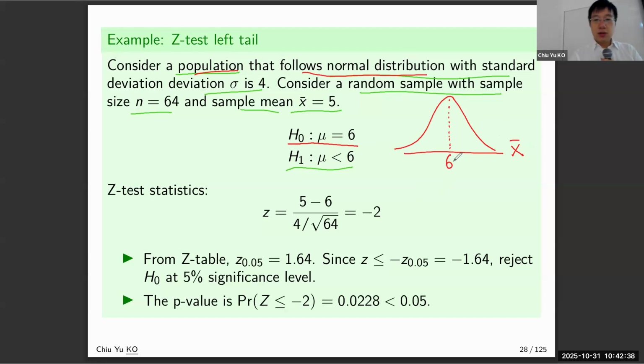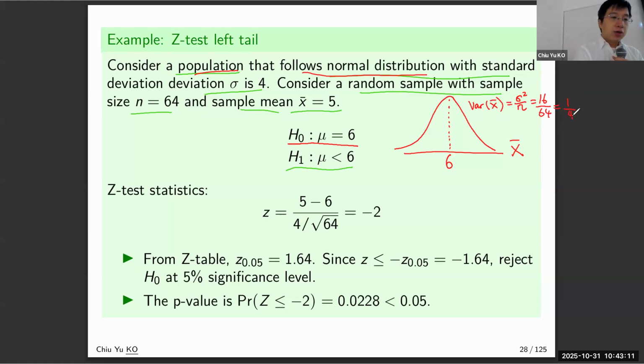And the variance of X bar is given by sigma squared over n. Okay. In this case, sigma is 4. So it's 16 over 64, which is 1/4. Okay.